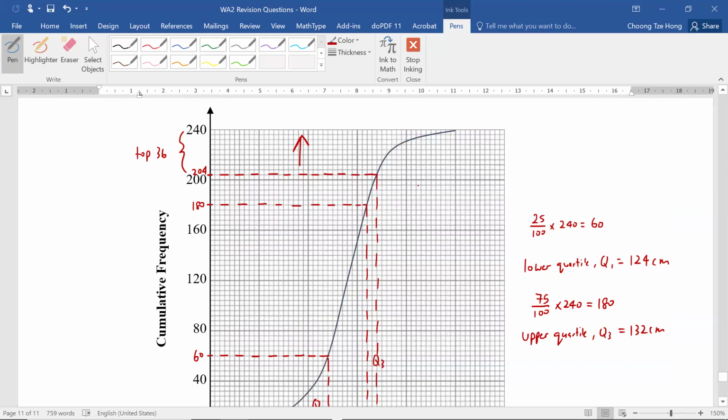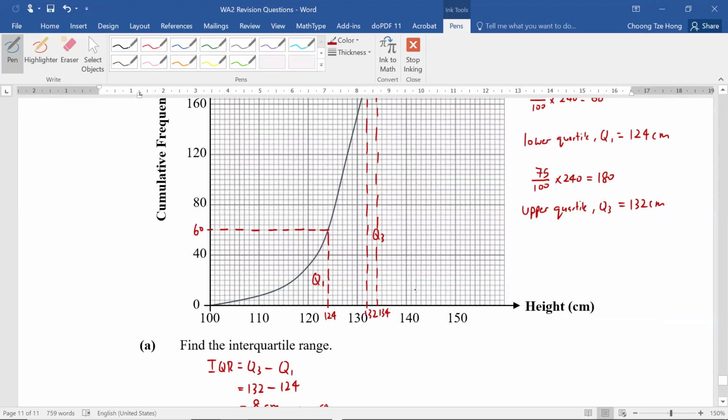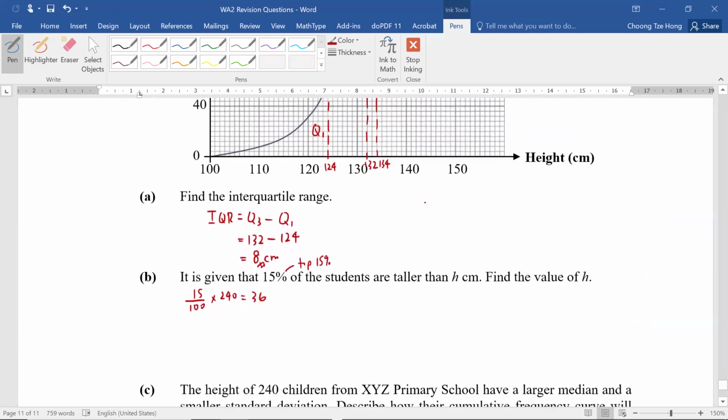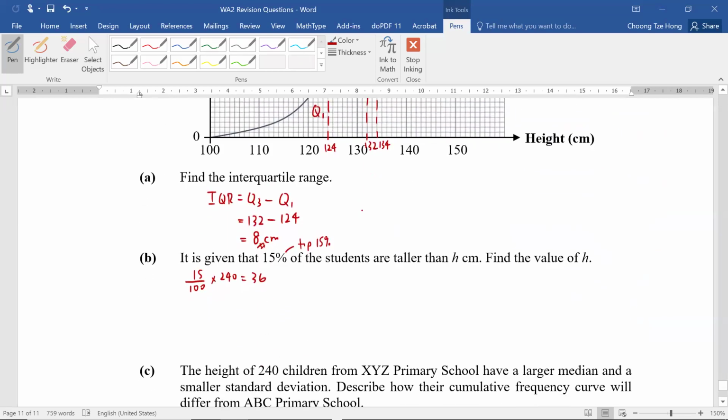Pointing outwards means the height, we want it to be going this way, which means that the top 36 students' heights are 134 cm and above. Meaning that the value of H will be 134. So from the graph, you can read that H is going to be 134.